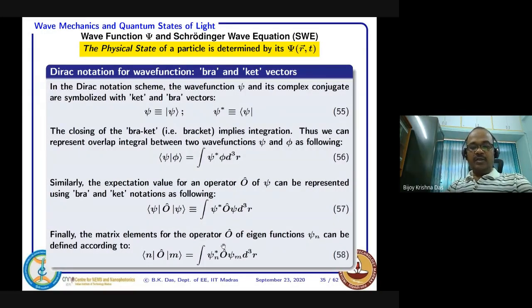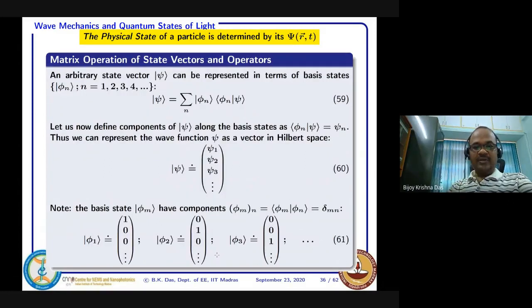If you know the operator, just operate on any given eigenstate, and then whatever result you get, you take overlap with the other eigenstates, so that you can get the individual matrix element for the given operator.